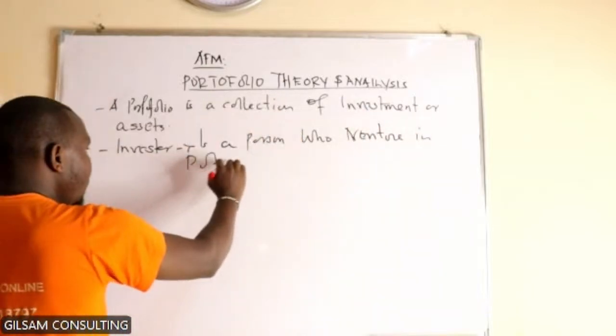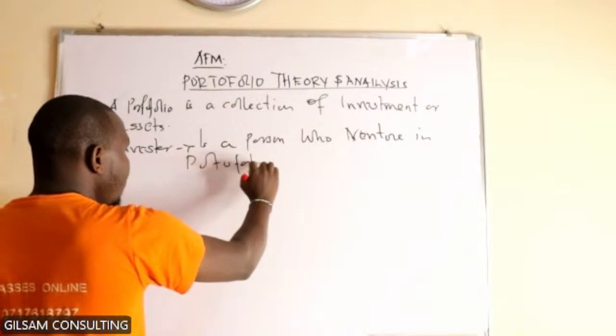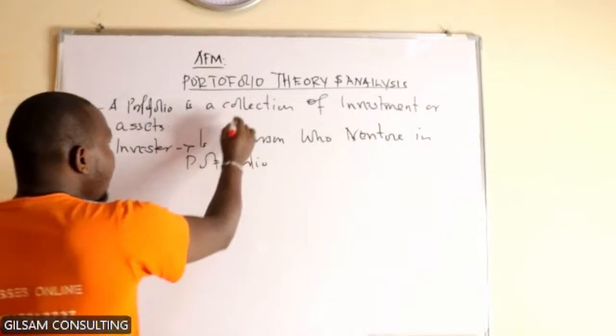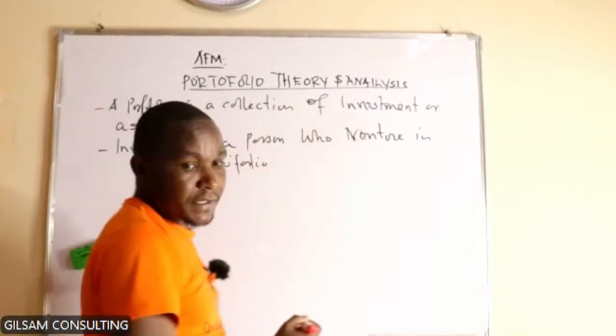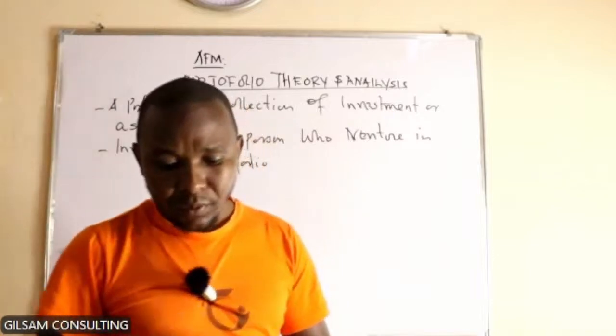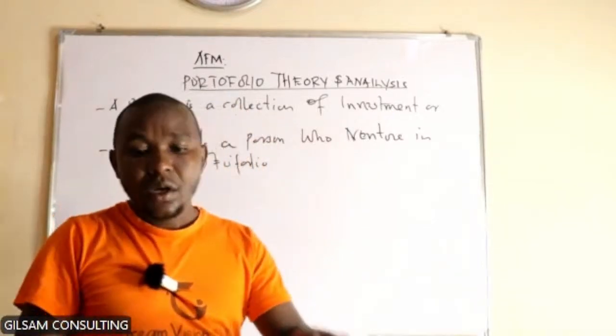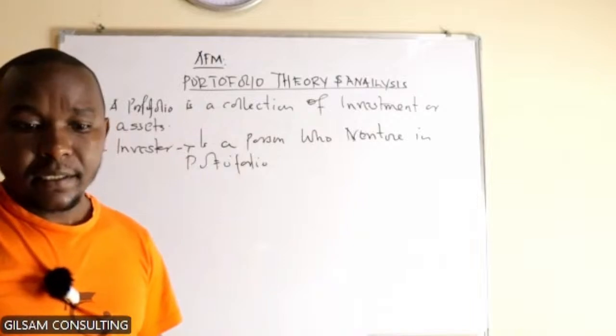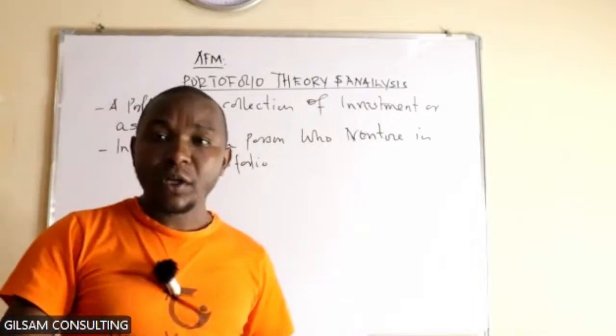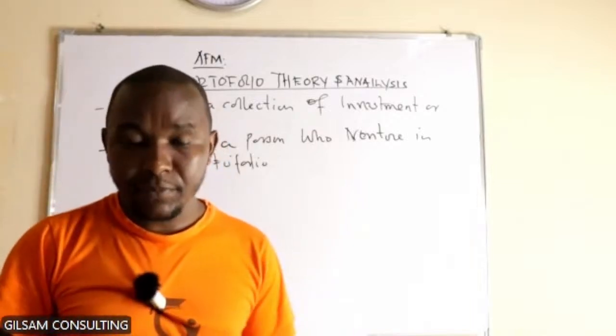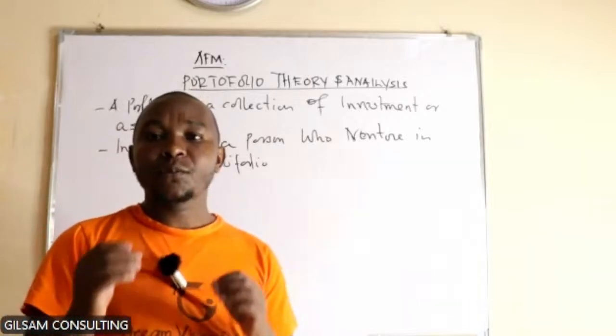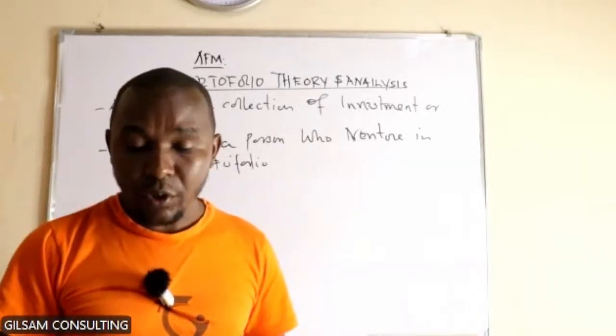Now you have the weight of X, which is 0.3 squared, multiplied by the standard deviation of this investment, plus 0.7 squared times the investment Y squared. When you are doing an investment, the main aim is to get the return or the profit.